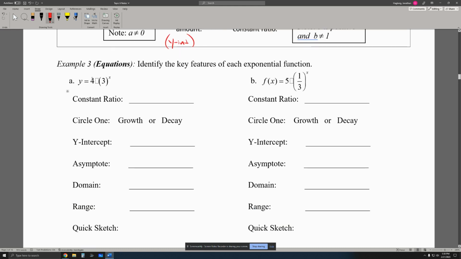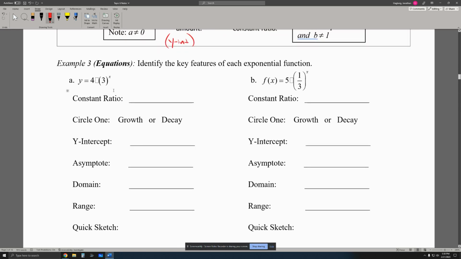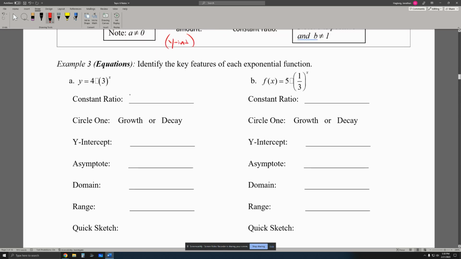Here we have 4 times 3 to the power x. The constant ratio is going to be that b value, the exponential base, which is equal to 3. Because 3 is greater than 1, we know that this is exponential growth. The y-intercept is that initial value, so as an ordered pair, we have (0, 4).